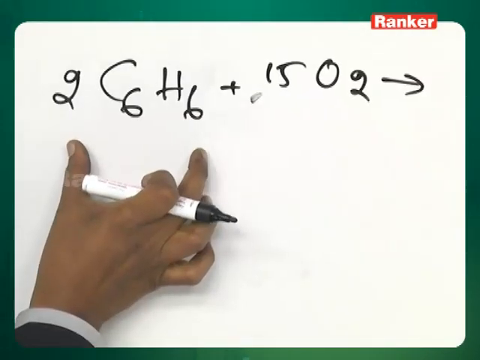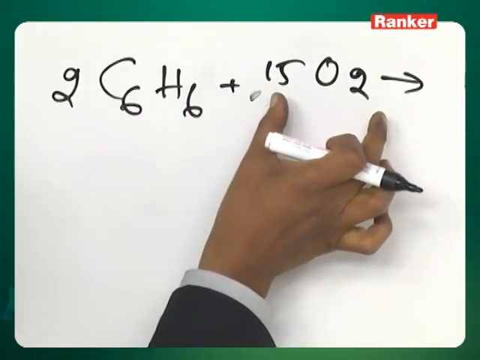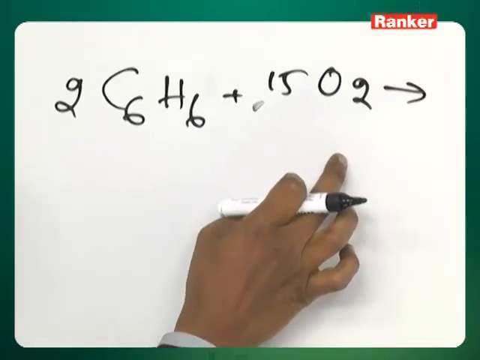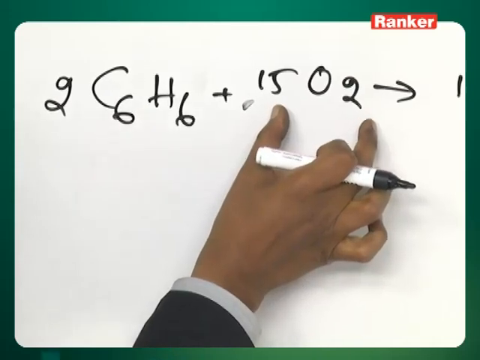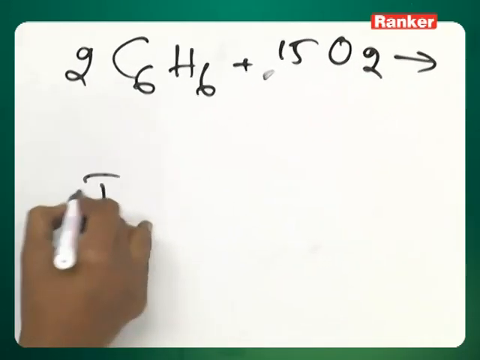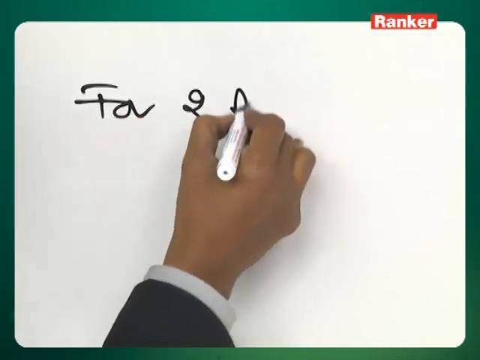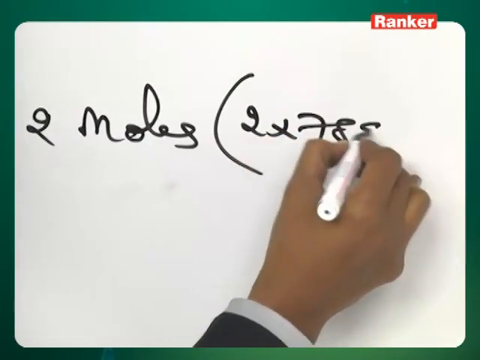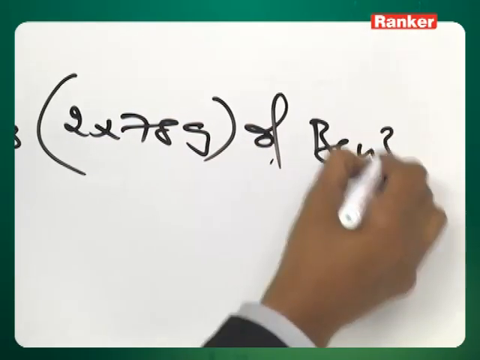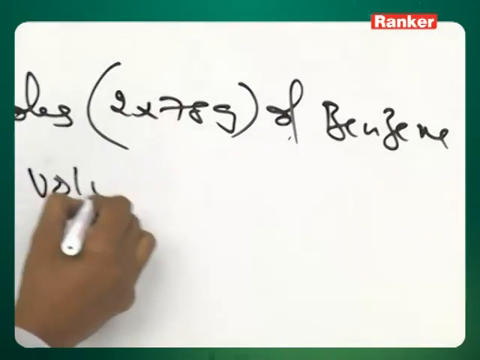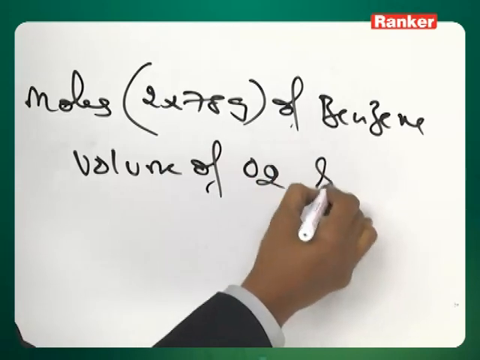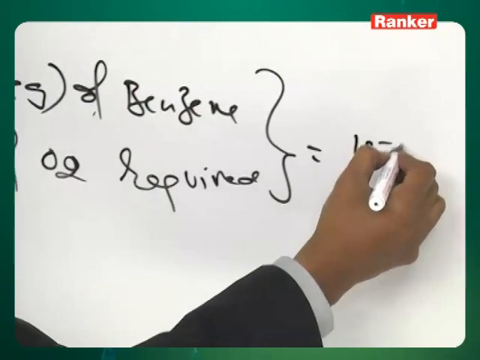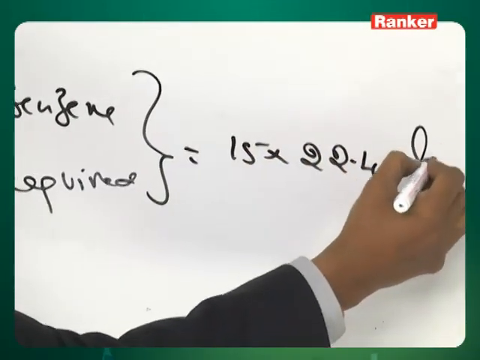See, according to the stoichiometry, 2 moles of the benzene requires 15 moles of the oxygen. So, let us assume this reaction is taking place at the STP conditions. So, therefore, convert this 15 moles of the oxygen into the corresponding volume. Therefore, for 2 moles of the liquid benzene, 2 moles means 2 into 78 grams of benzene, volume of oxygen required is 15 into 22.4 liters.